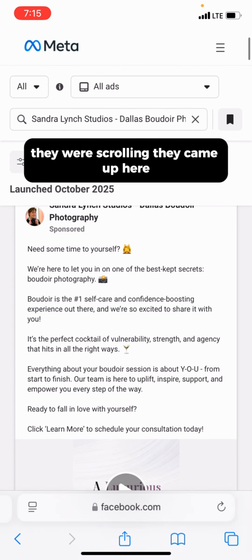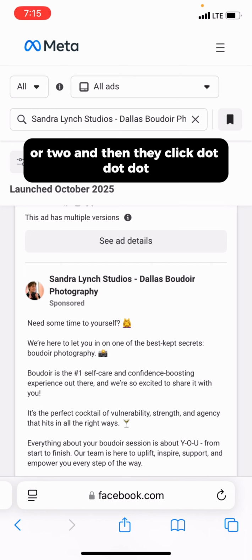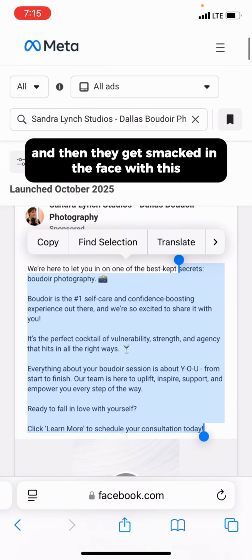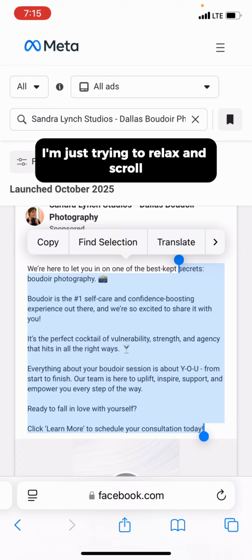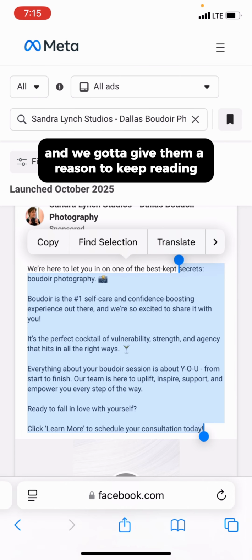They were scrolling, they came up here, we caught them with a few words, then they read a sentence or two, and then they click See More. And then they get smacked in the face with this massive wall of text. Massive wall of text. And then Brian's like, dude, I'm just trying to relax and scroll. So we've got to overcome that, and we've got to give them a reason to keep reading.